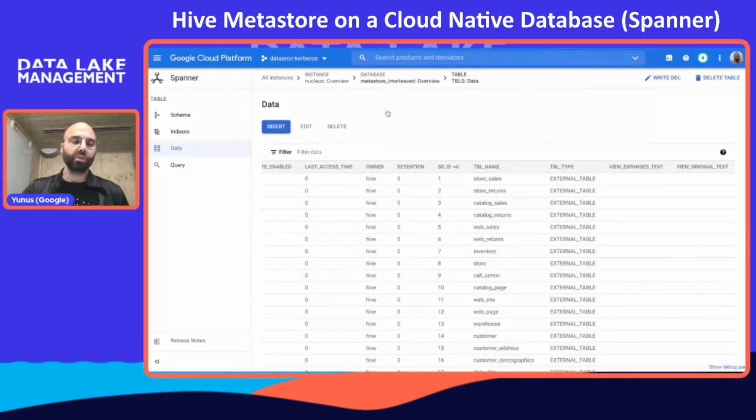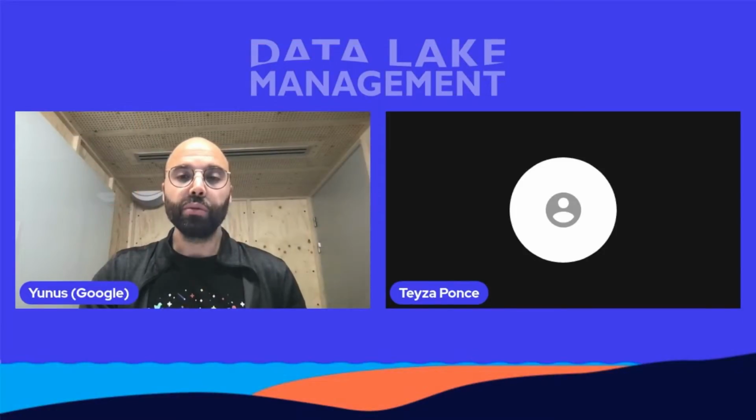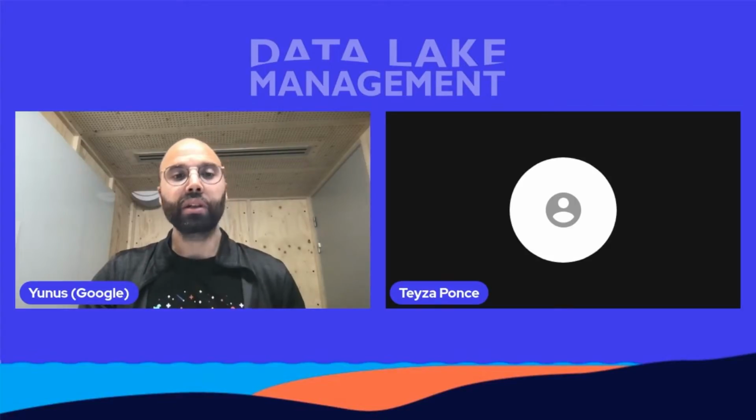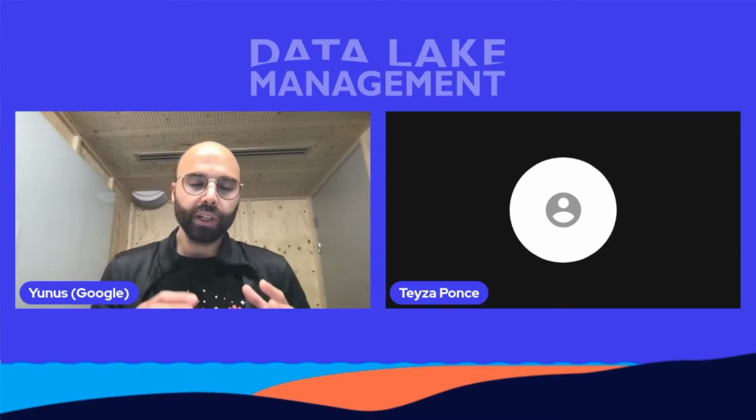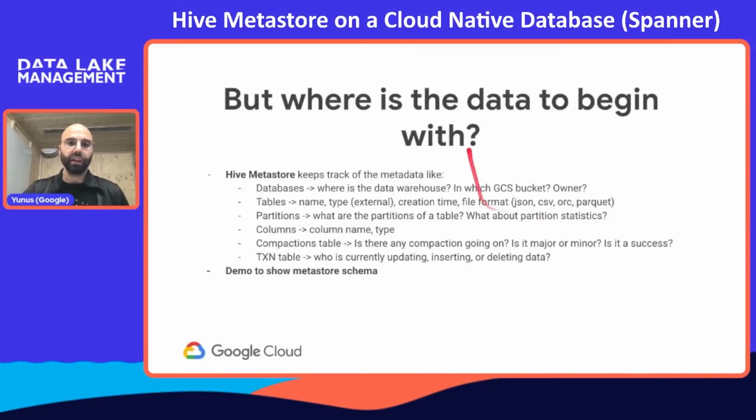All these are stored in Hive Metastore, which means that whenever you make a Hive query or Spark query, first it goes to Hive Metastore and reads all the data that it needs to continue processing the data.